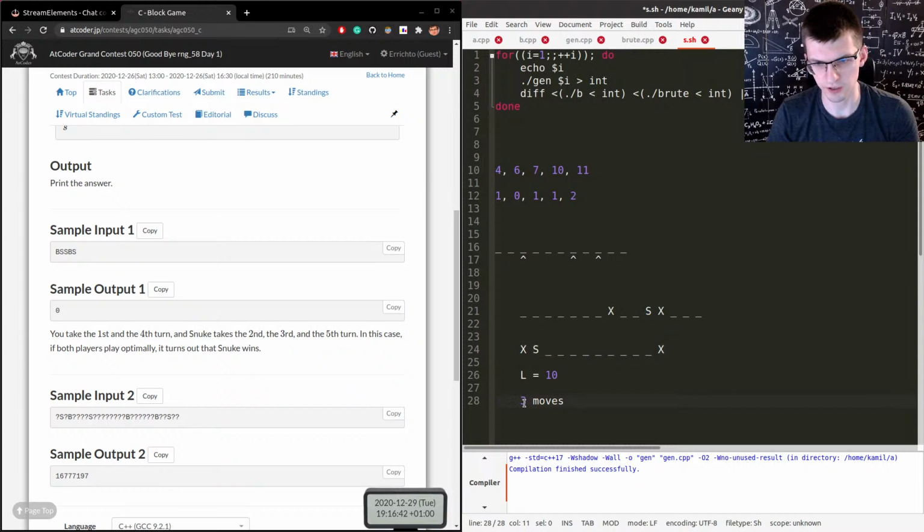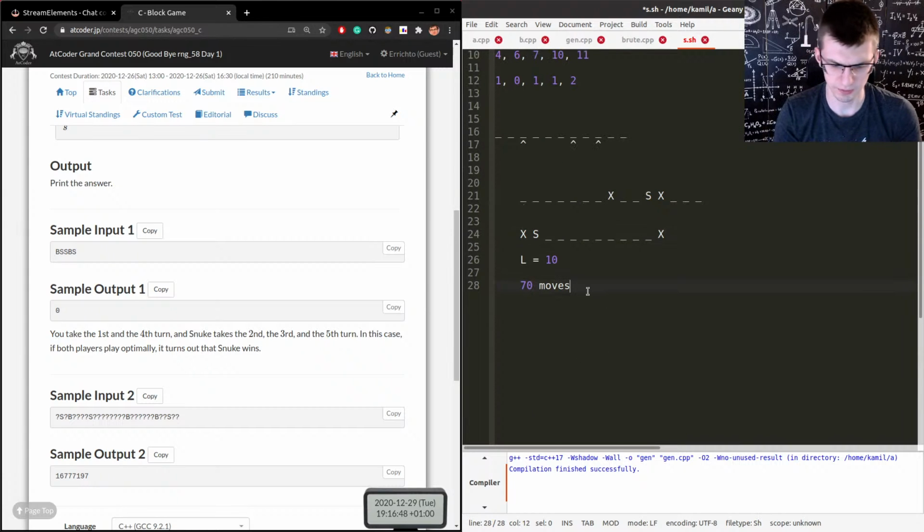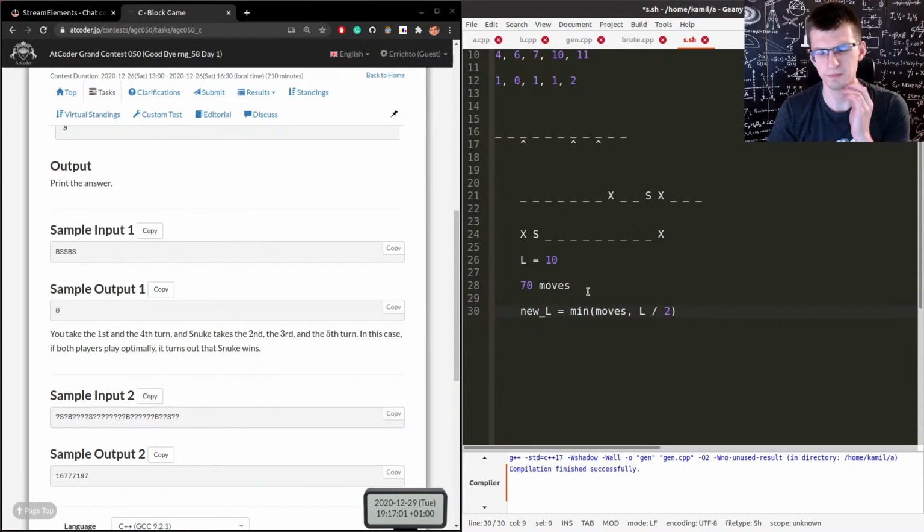But if he has like 70 moves, he will stop at the middle of that. I believe that the new interval length will be the minimum of the number of his moves and L over 2, plus minus 1.